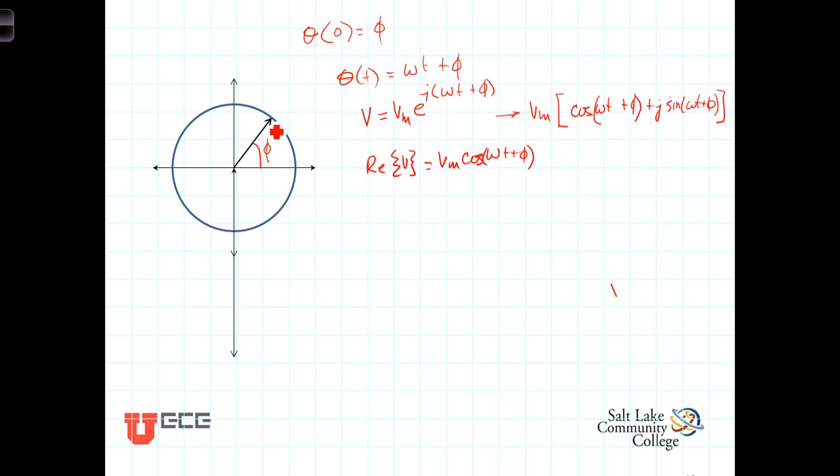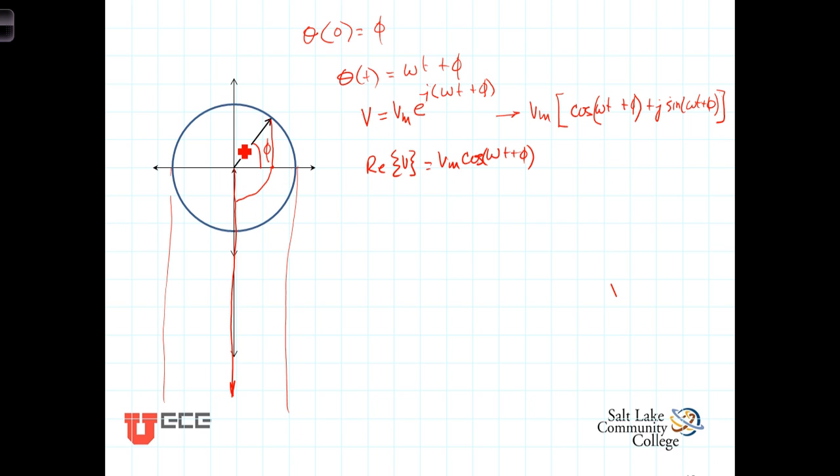Let's plot that projection onto our time domain as we did before. Only now, instead of starting at t equals 0 with theta equaling 0, we start at t equals 0 at phi. And again, dropping these down to help me draw this. We're starting here at this point.